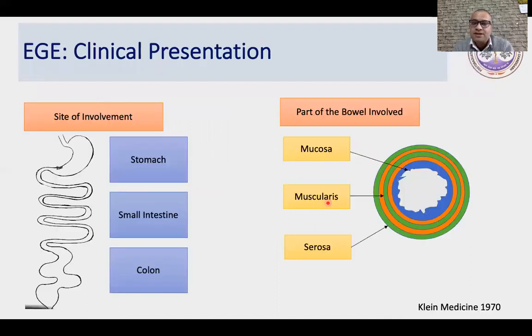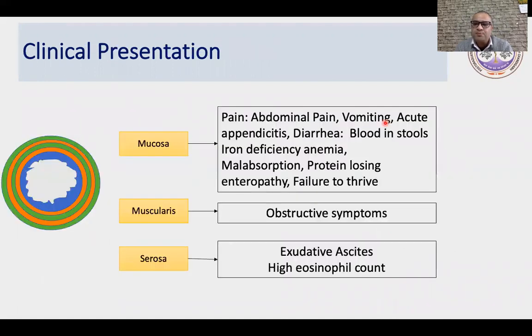So the clinical presentation of eosinophilic gastroenteritis depends upon at least two components. What is the site of involvement: stomach, small bowel or colon, or the esophagus? And of course, the part of the bowel wall which is involved, whether it is the mucosa, the muscularis or the serosa. For mucosal involvement, it could present with pain, but also with diarrhea, including bloody diarrhea.